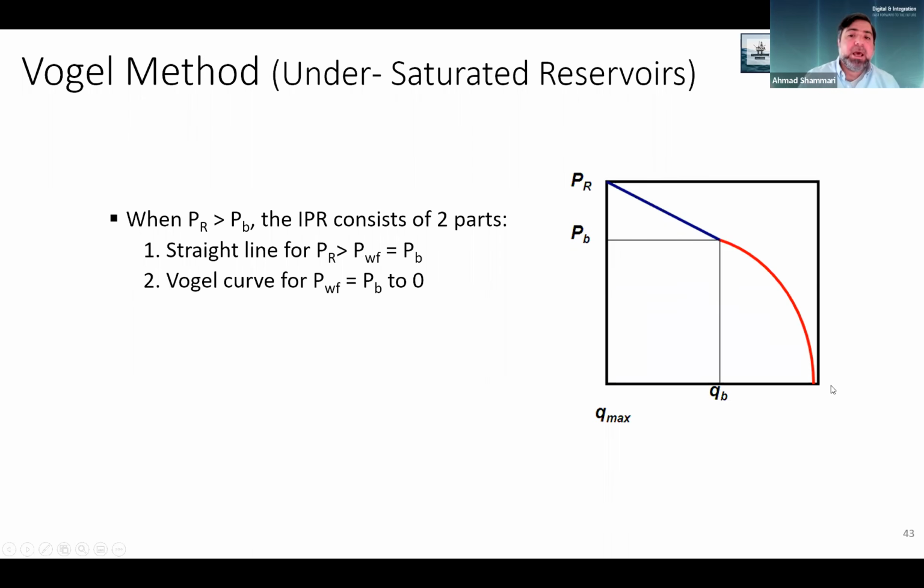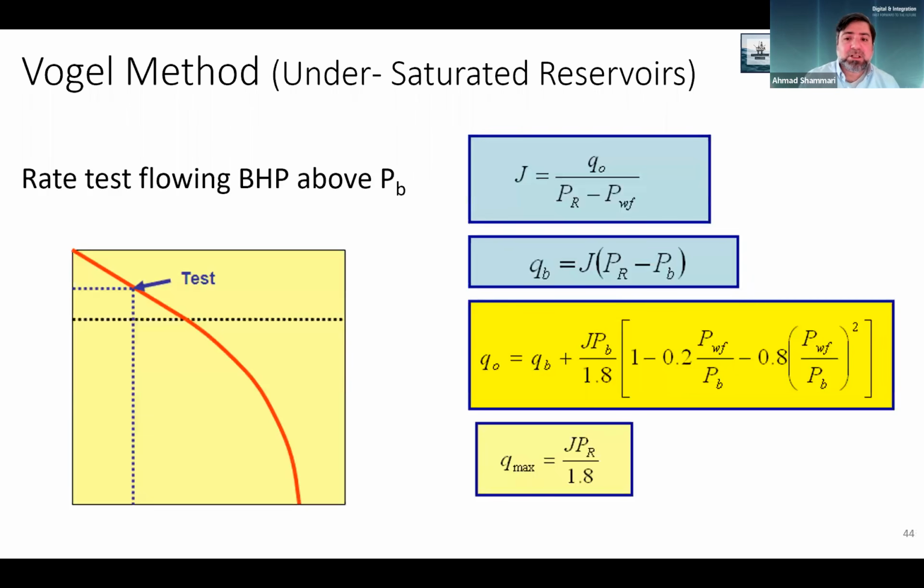And for that we need to adjust the equations a little bit. Now depending on the test, depending on the flow bottom pressure and the flow rate test that we have, we need to distinguish two cases: whether our flow bottom pressure is above the bubble point pressure, or our test point itself, flow bottom pressure, is below the bubble point pressure.